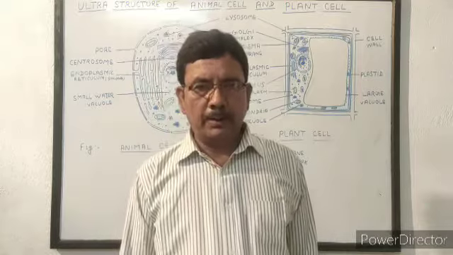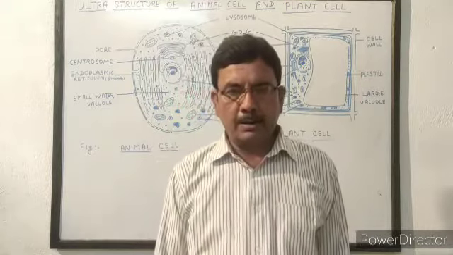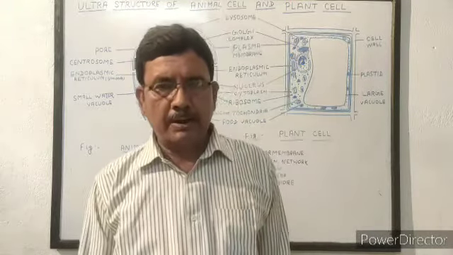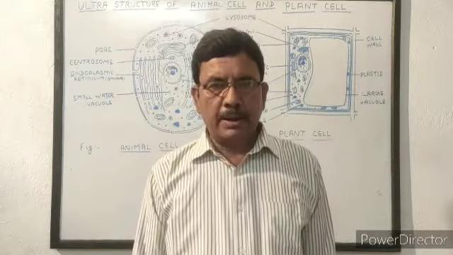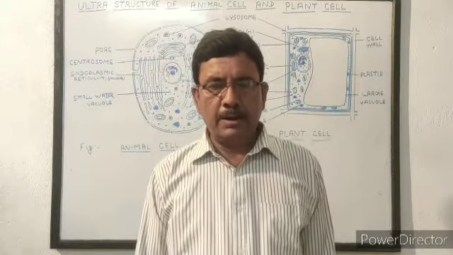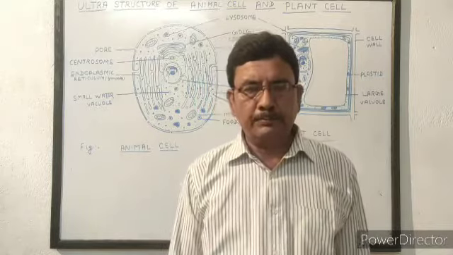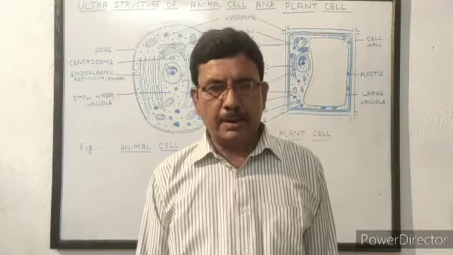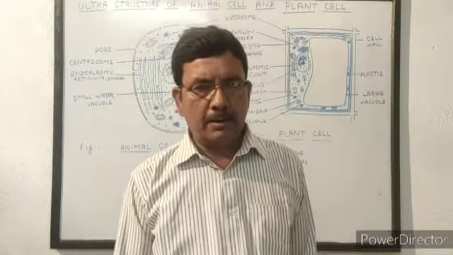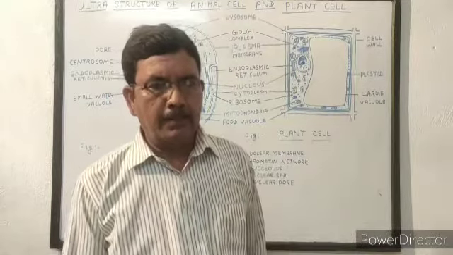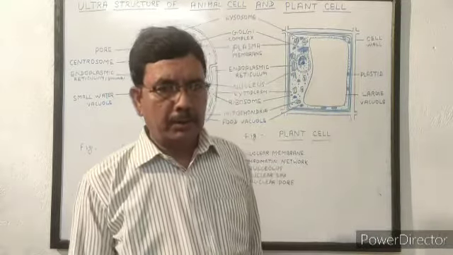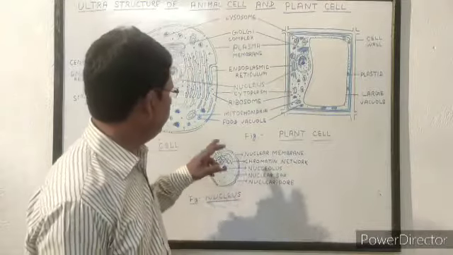Today I am going to explain ultrastructure of animal cell and plant cell. The structure which is seen under electron microscope is called ultrastructure. The ultrastructure of animal cell and plant cell reveals the following structures.